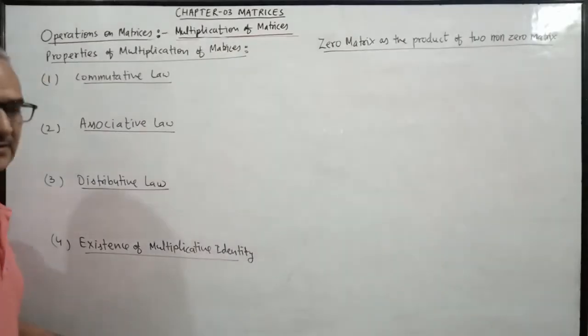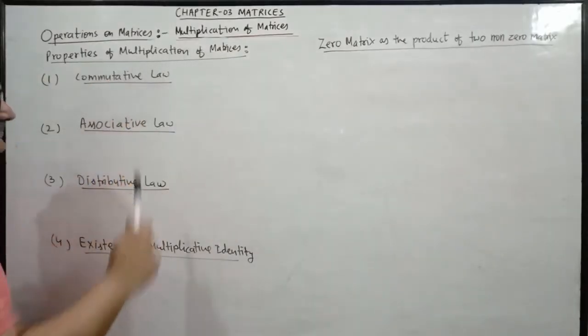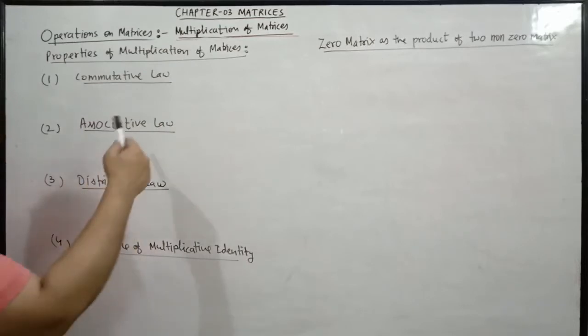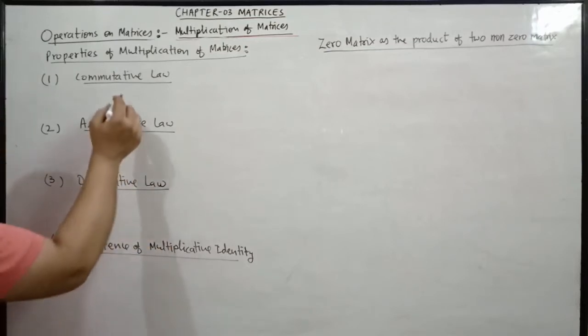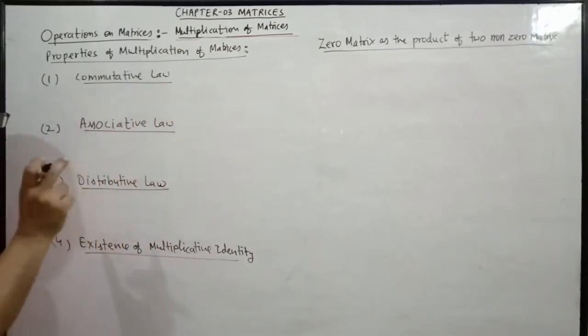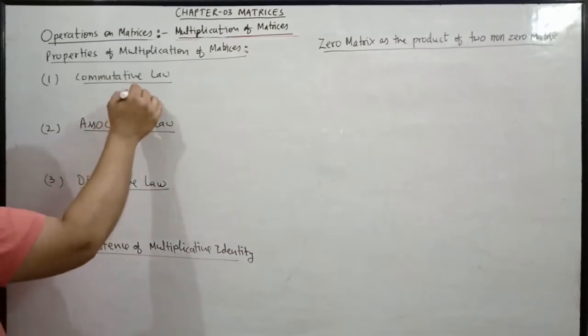Now let's take the properties of multiplication of matrices. The first one is the commutative law. We have seen in the previous example that the matrix AB was defined but BA was not defined. So it is not necessary that the product of 2 matrices is commutative.